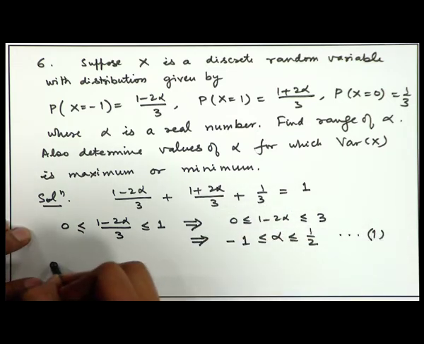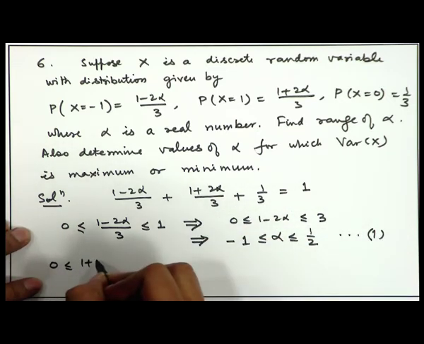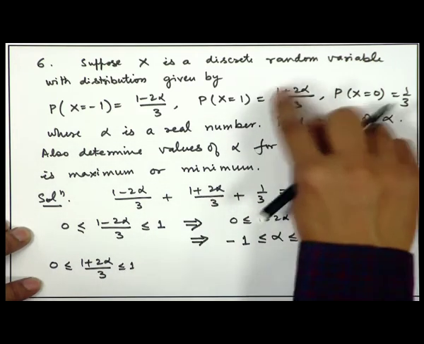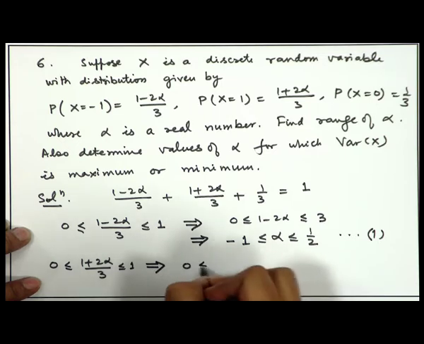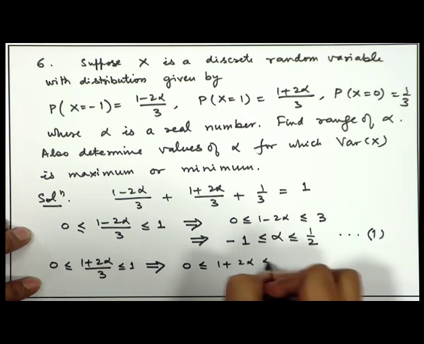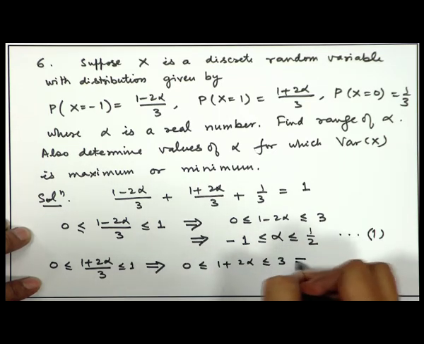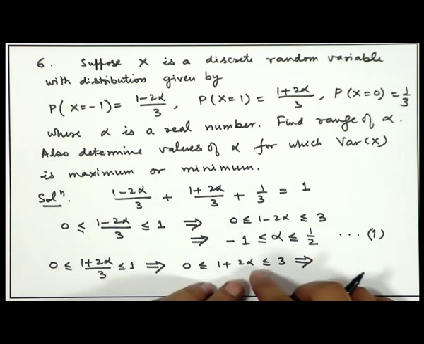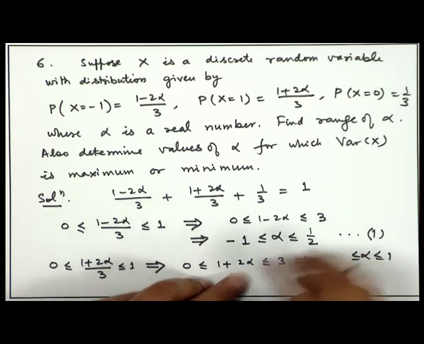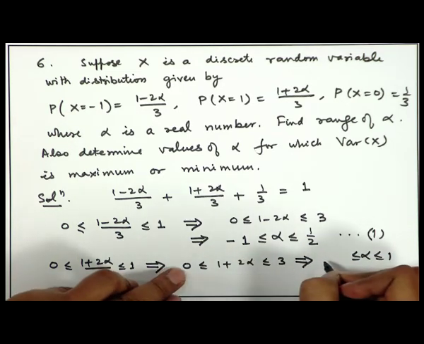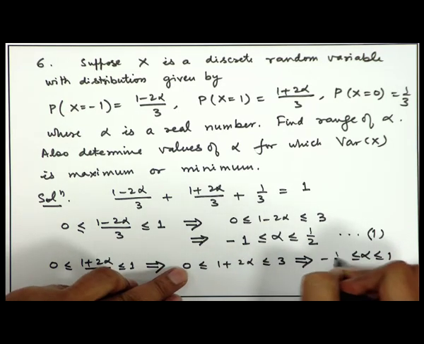Similarly, if I apply the condition 0 less than or equal to 1 plus 2 alpha by 3 less than or equal to 1, that is, this probability is between 0 and 1, then this will lead to 0 less than or equal to 1 plus 2 alpha less than or equal to 3. Then this is equivalent to alpha less than or equal to 1, and on the other side, we get alpha greater than or equal to minus 1 by 2.